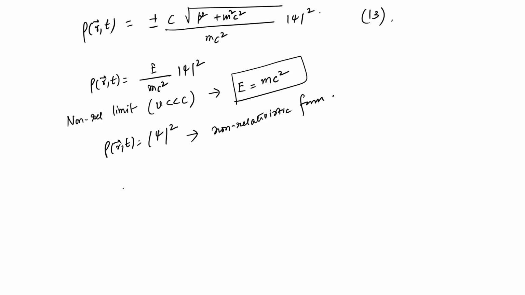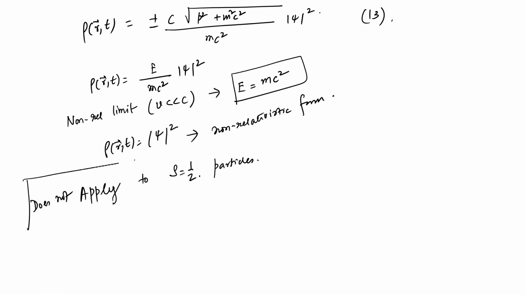But of course, it applies to integer spin, basically spin 0 particles. Okay. Let me write that it does not apply to spin half particles, which is what we want to find. And this is what the Dirac equation is going to give us. So, we will study the Dirac equation.